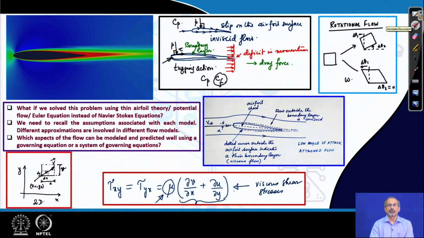Here are a few more points we are trying to make. We know that the region which is affected by viscosity would be a rotational flow region. So, that is where if you follow a particular fluid element, you would see a rotational flow that is occurring within it.